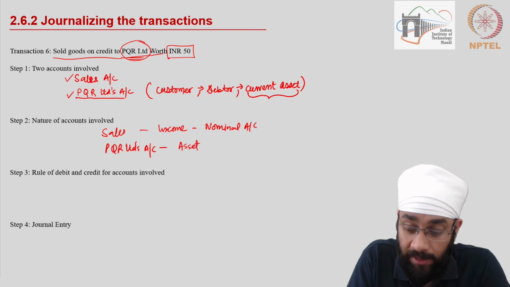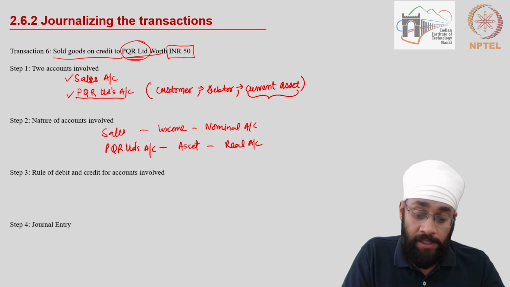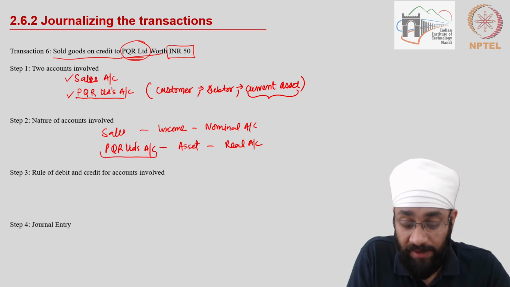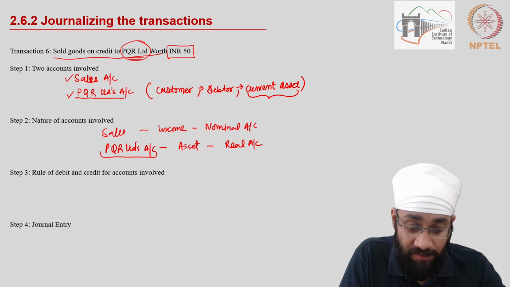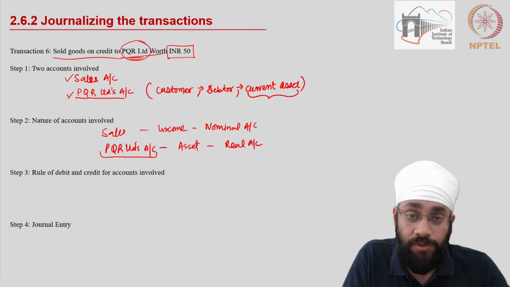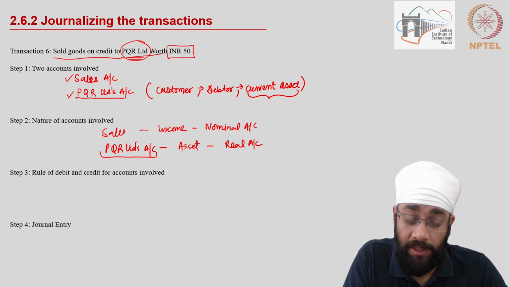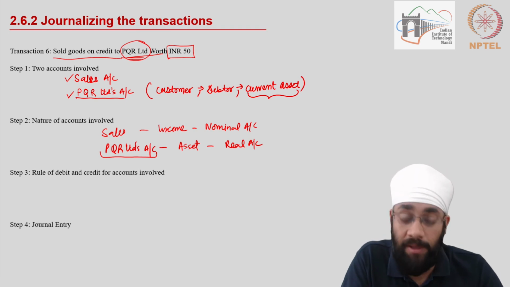It is a debtor, and hence it is a real account. So people get confused, calling this a real account because this is PQR. This is a person who is involved here. We could also use that logic, but let me complete it using this logic, because we treat PQR Limited as a debtor, as a customer, as a recoverable amount.